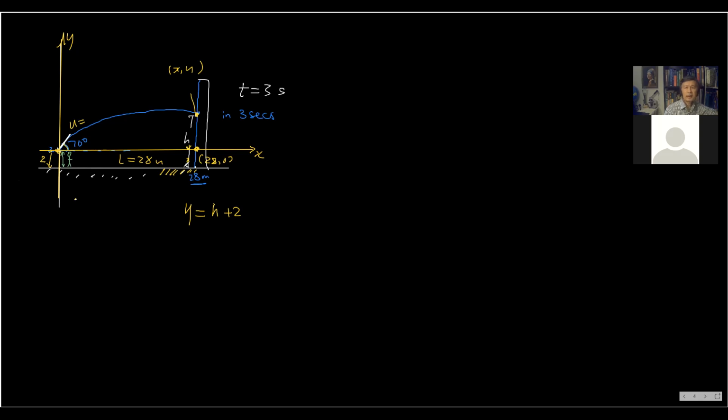You have to be careful because we chose this as the coordinate, which is 2 meters above the ground. This should be minus, can you see? Because they measure the mountain from the ground. They wouldn't add the 2 in the first place, so this should be -2.